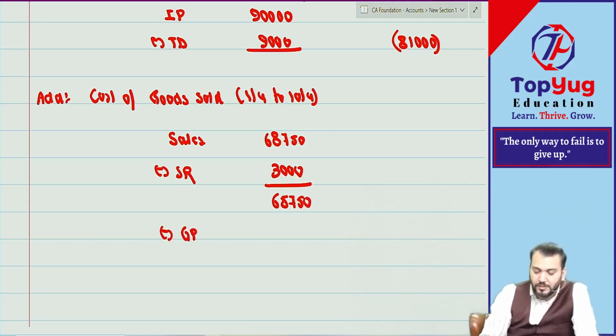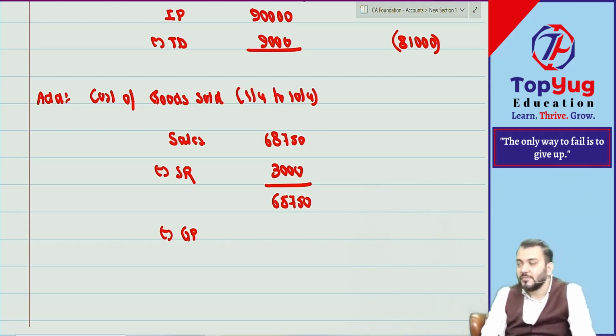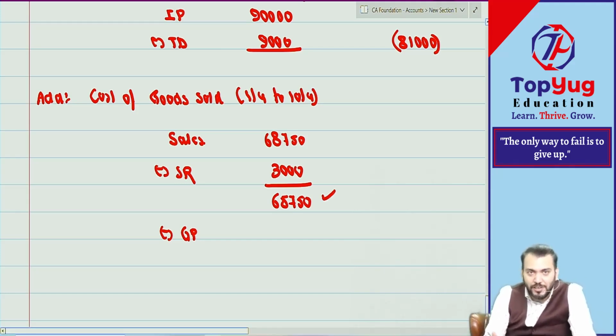So GP will be what percentage? 1 by 3 or 1 by 4? 1 by 3 of cost is equal to 1 by 4 of sales. So we will take 1 by 4.